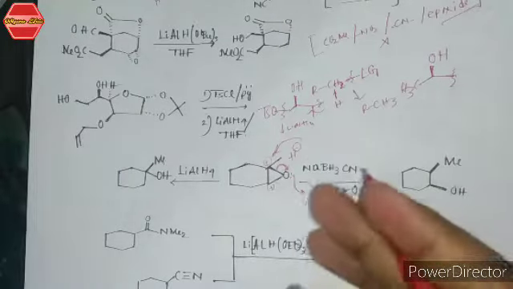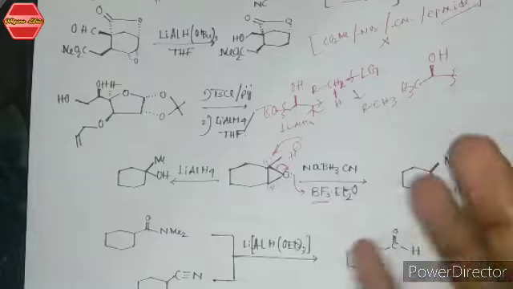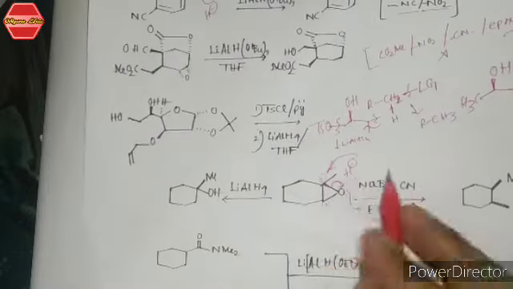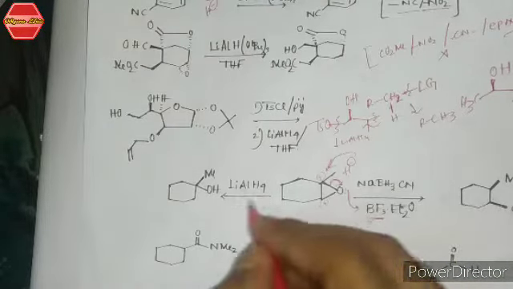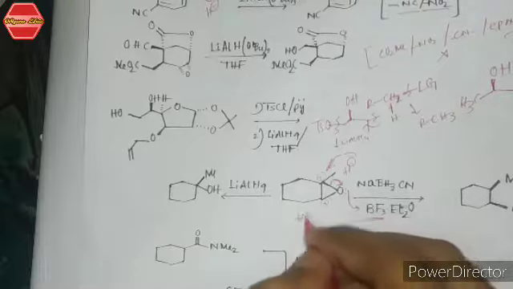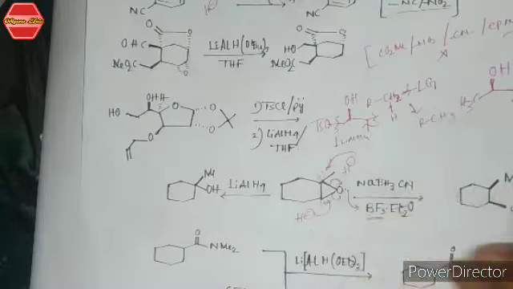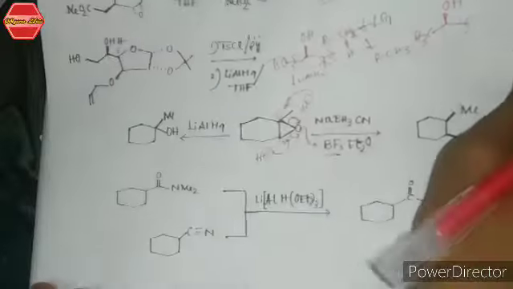This type of reagent we will discuss in our next videos, when we discuss lithium borohydride, sodium borohydride, and all those things. Okay, and in lithium aluminum hydride, the hydride donation selectively takes place from here, and this bond is opened up. So this is how the reactions proceed.